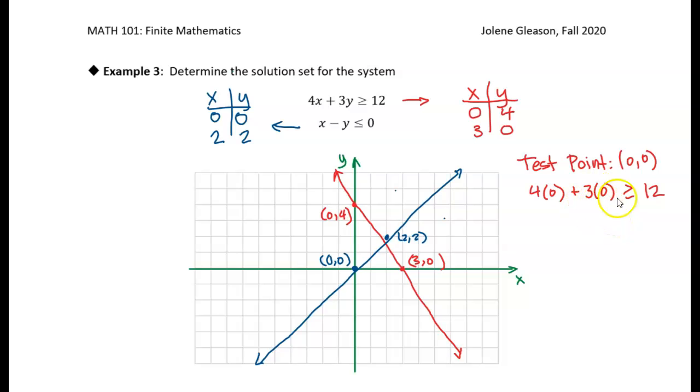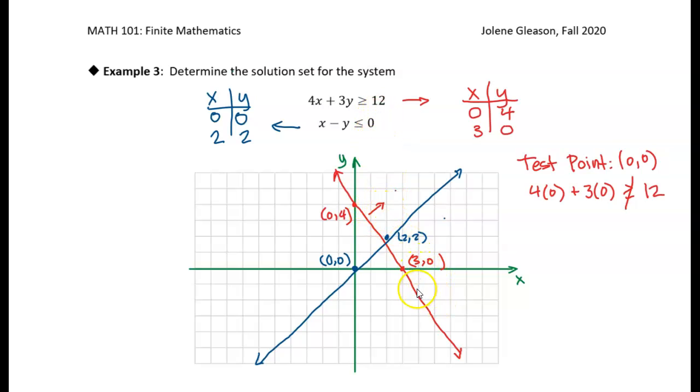Well, no, that's not true, because 0 is not greater than 12. So now I know that this point 0, 0 is not on the side of the line that I'm interested in. That means the side of the red line that satisfies that particular inequality is this side.